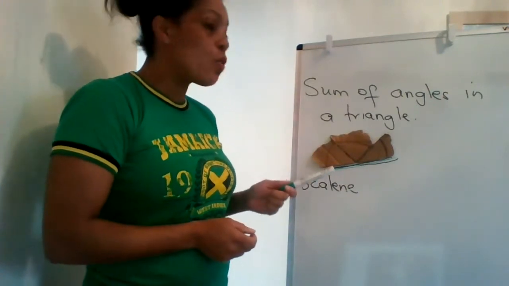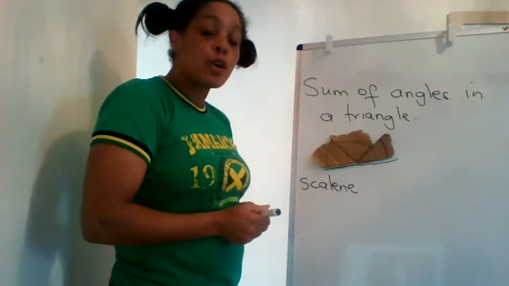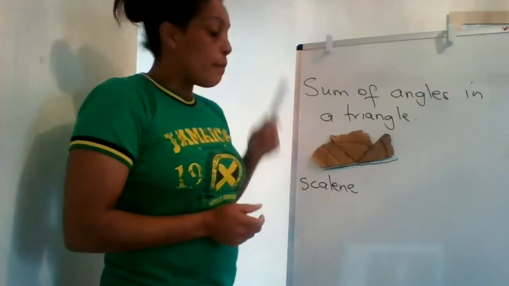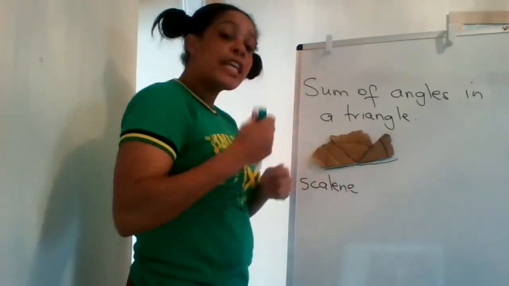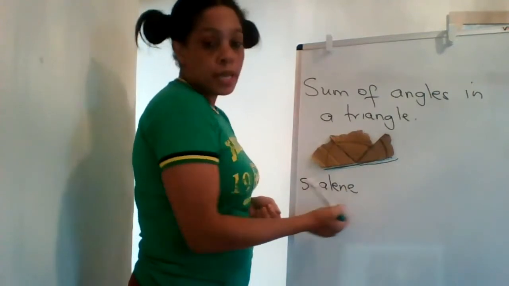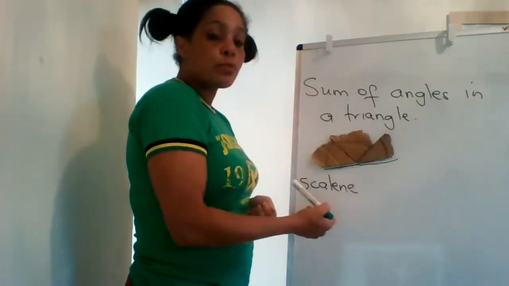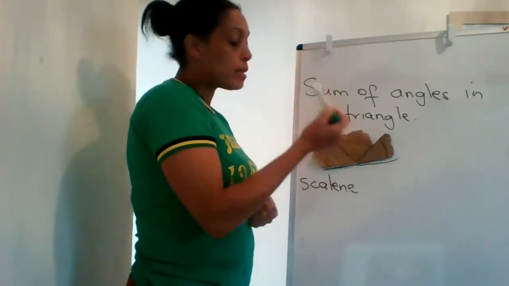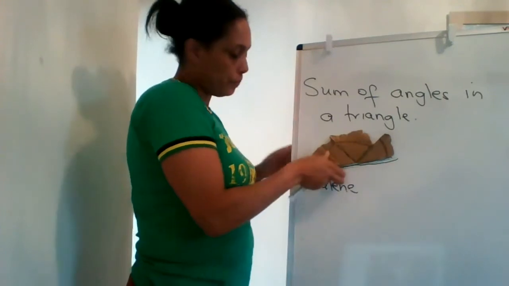So that's the reason why the conclusion is drawn that angles in a triangle add up to 180 degrees. Because if we tear all three angles off and line the angles up together, they make a straight line. So hence the reason angles in a triangle add up to 180 degrees, because angles on a straight line add up to 180 degrees.